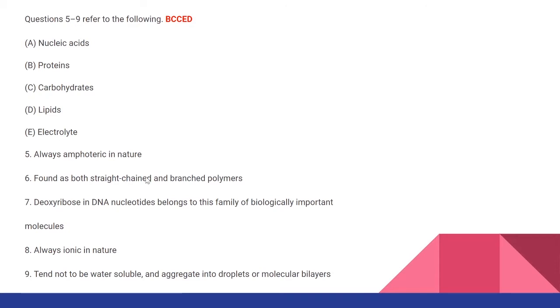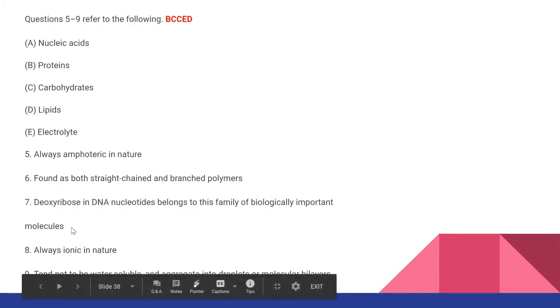Found as both straight chain and branched polymers, that would be carbohydrates. So they're found straight chain and in branched polymers. Deoxyribose in DNA nucleotides belongs to this family of biologically important molecules. Deoxyribose is basically sugar, so that would be carbohydrates, C.